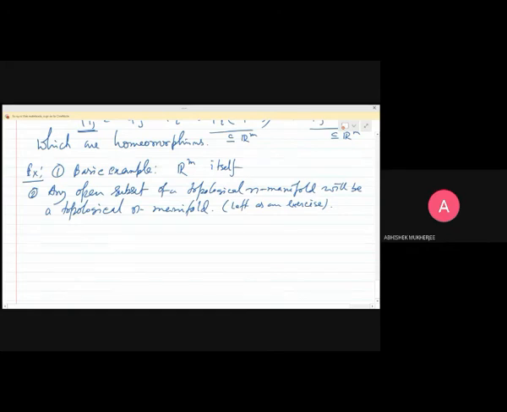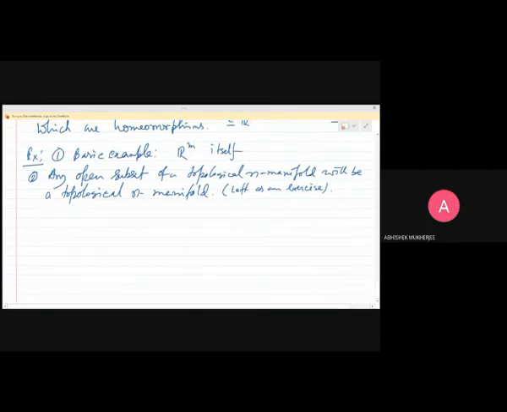Any null set is a topological manifold, and out of these basic examples, the first known or familiar example will be the unit circle. So let M be S1.